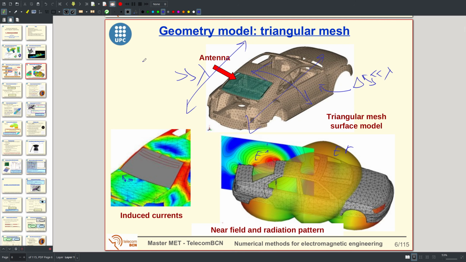but you see here that one of the key and very important things is to obtain the mesh, the triangular surface mesh of the model.